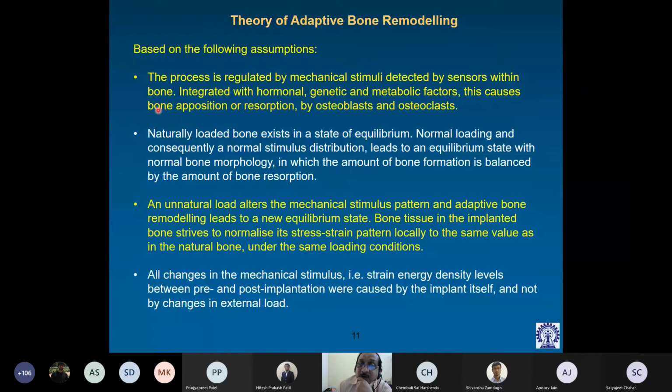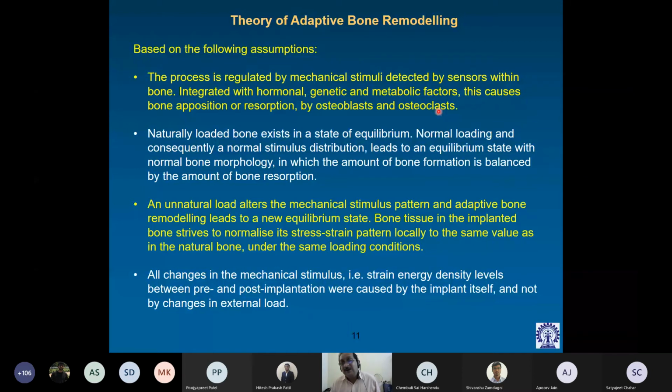So bone density either increases or decreases due to the activities of bone cells, osteoblasts and osteoclasts. I hope you are conversant with the terms osteoblast and osteoclast. They are basically two types of bone cells.